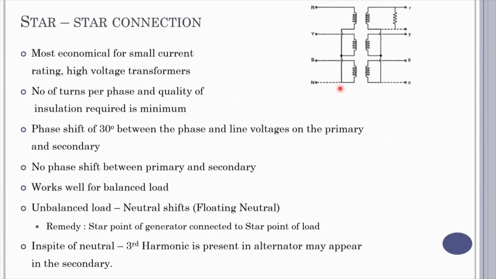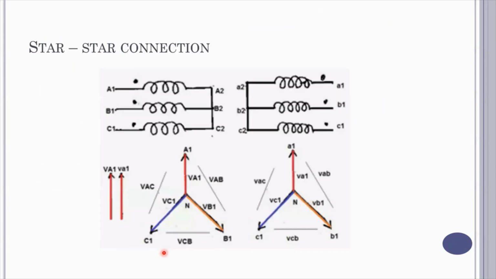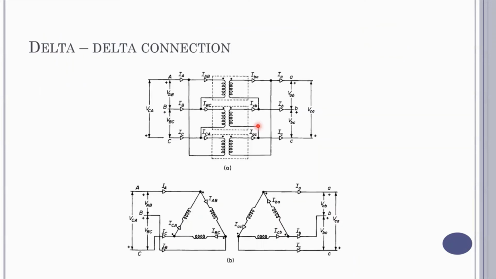So we have to ground the neutral point, or we have to connect the star point of the generator and the star point of the load together. So in spite of the neutral, we have the third harmonic present here in the alternator, and that's one major disadvantage. So this is the diagrammatic representation of star-star connection.